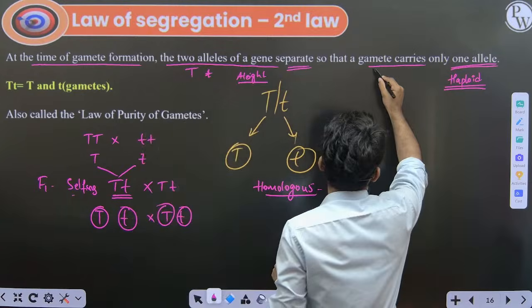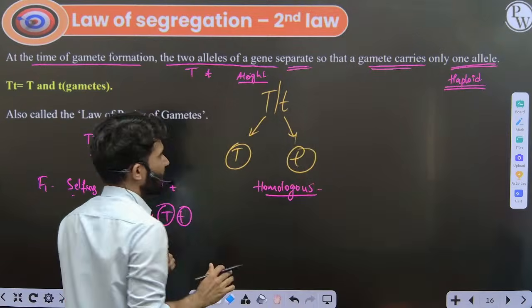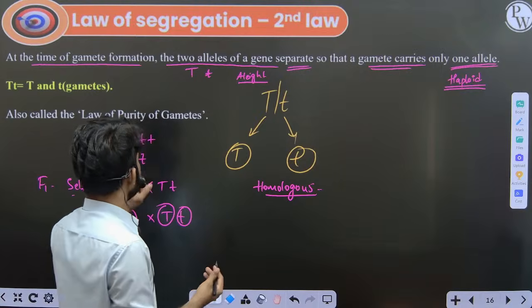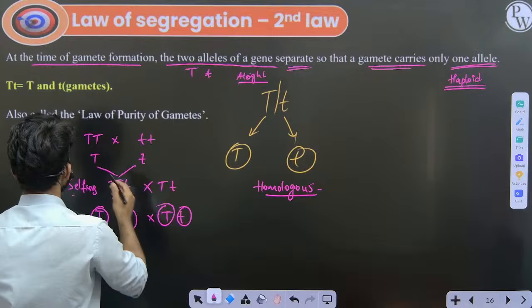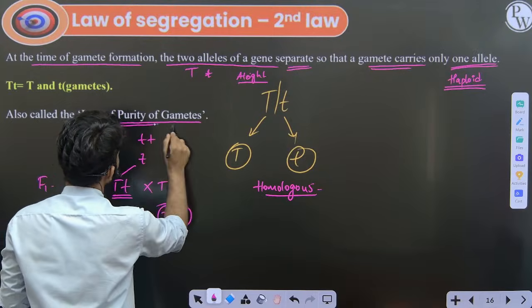So here also the gamete carries one allele, since it has only half a set of chromosomes. That is what the law of segregation is called. It is also called the law of purity of gametes.